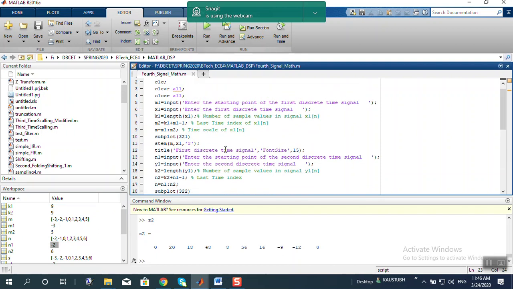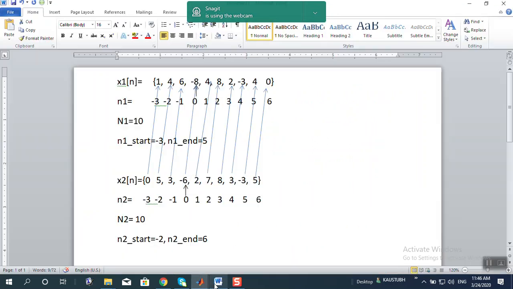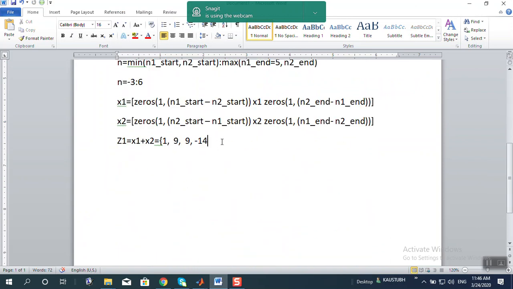At this point I would like to request you to do some programs. So till now, from the beginning, what we did is generation of discrete time signals.